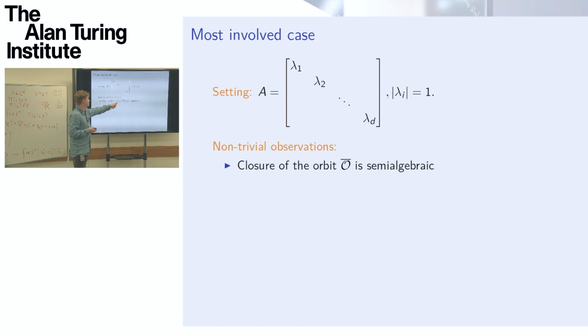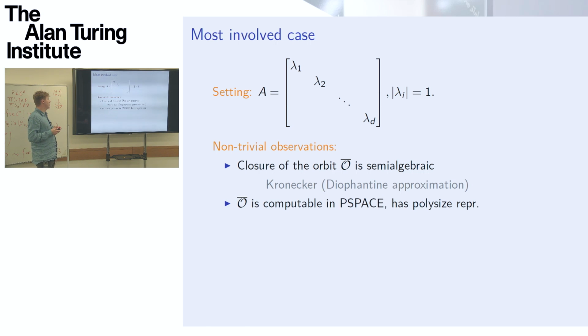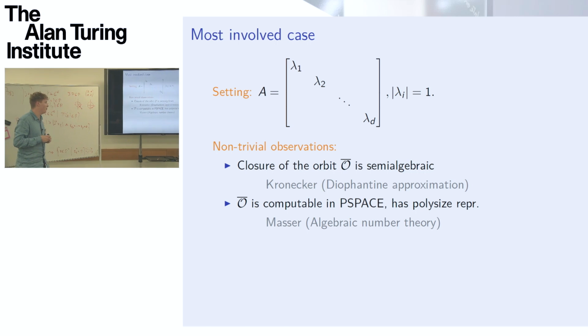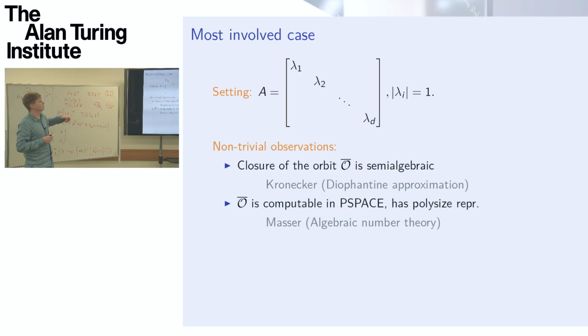So this was the equality of the previous slide. It is given by a theorem of Kronecker in Diophantine approximation. And the other part, that it's computable, is a deep theorem of Masser in algebraic number theory. These were tools that were used like 3 or 4 years ago in a different paper to show results about linear recurrent sequences.